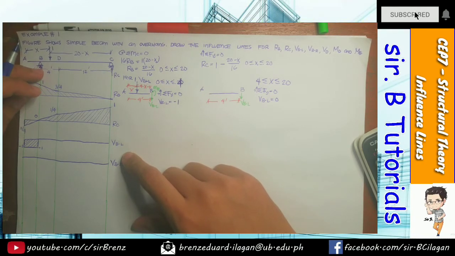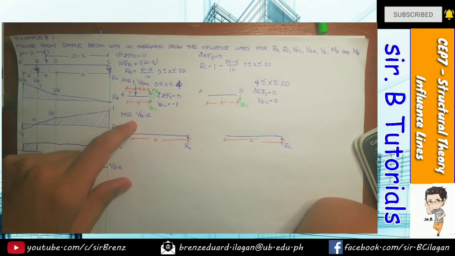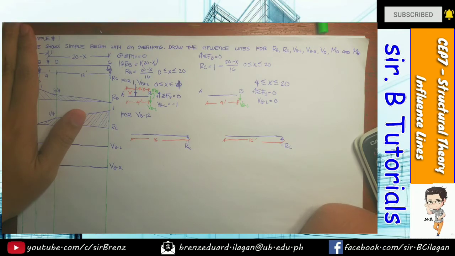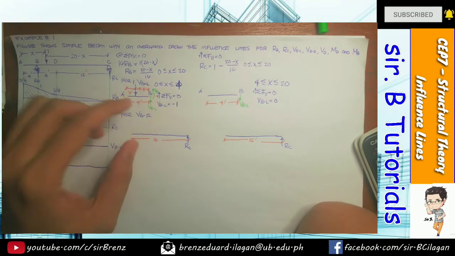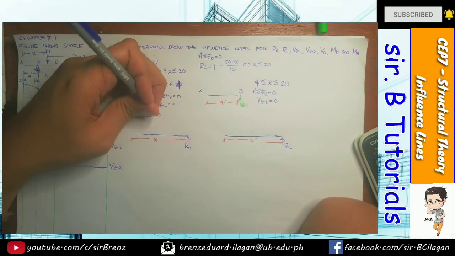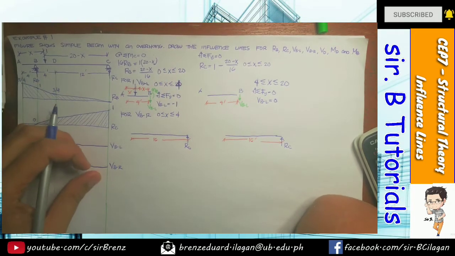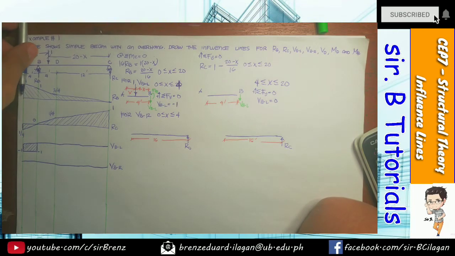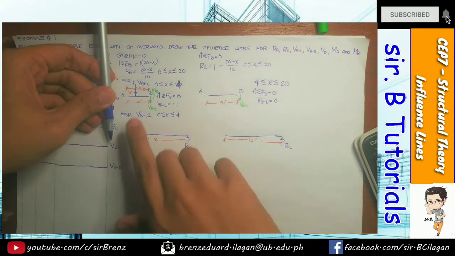Ngayon, paano naman yung shear right? Okay, so for the shear right, ganito naman yung makikita mo. Kaya nga right, ang gawin mo, yung kabilang side naman yung i-consider mo. So kagaya lang din ang ginawa natin sa shear left. So magkaroon tayo ng dalawang diagram. So yung una, ito yung equation for the limits of 0 up to the distance na 4. So ibig sabihin nun, yung 1 unit load mo is nandun sa kabilang side. So ibig sabihin, if ito yung diagram mo, nandito pa siya sa side na yan eh.